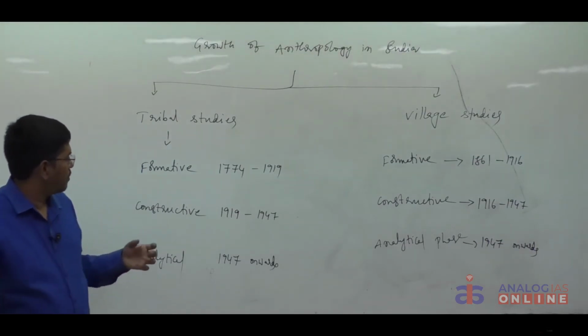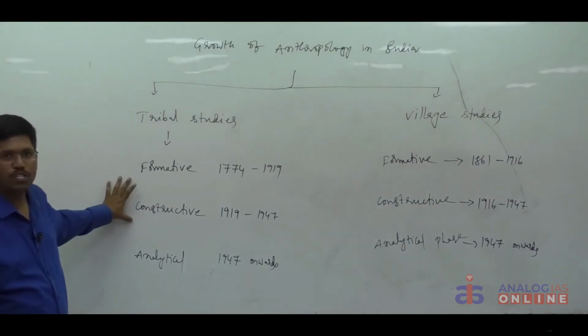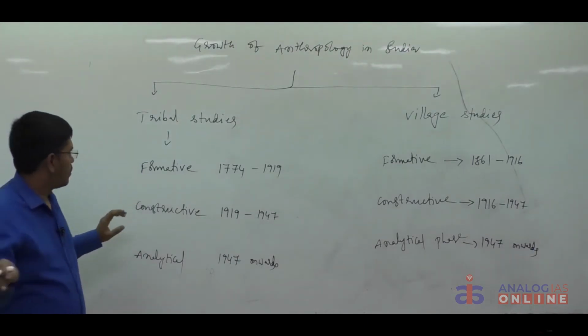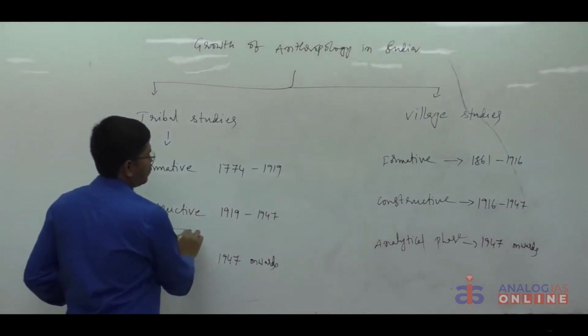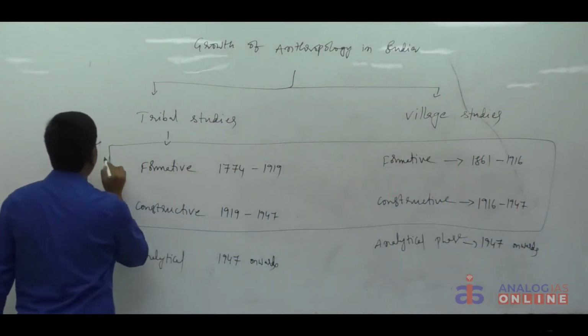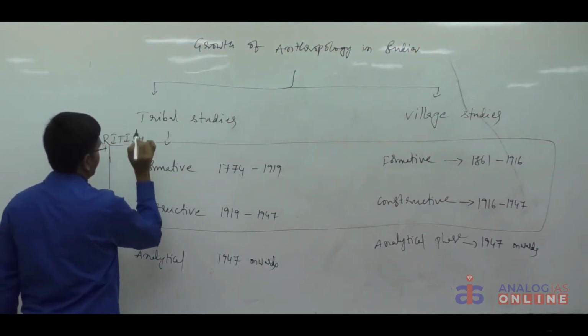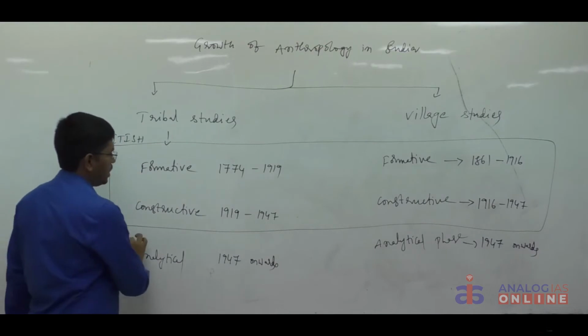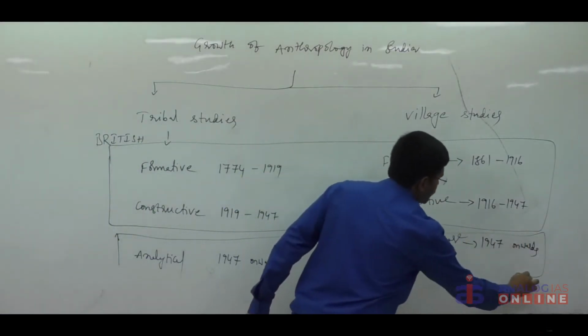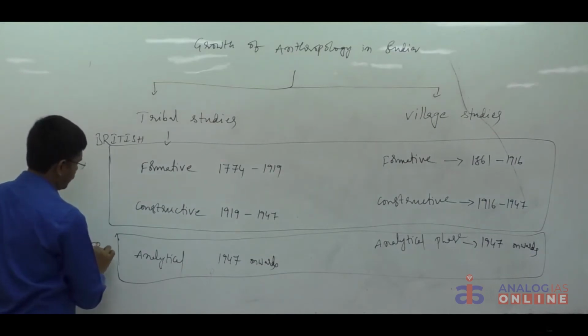That's why in the first two phases, the formative phase and constructive phase, the growth was contributed by European anthropologists, especially the British anthropologists. Whereas in the analytical phase, the contribution is mainly from American anthropologists.